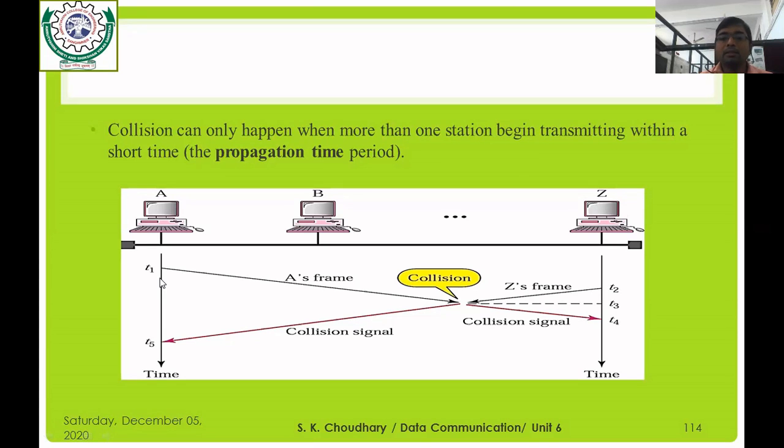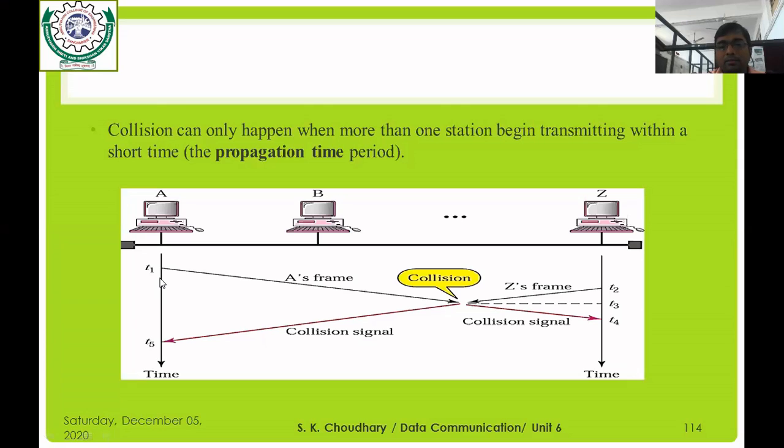So what happens? Station Z finds that during that amount of time, before the frame reaches it, the channel is idle. There is no transmission occurring. So Z also starts to transmit, at time T2, some time after T1.